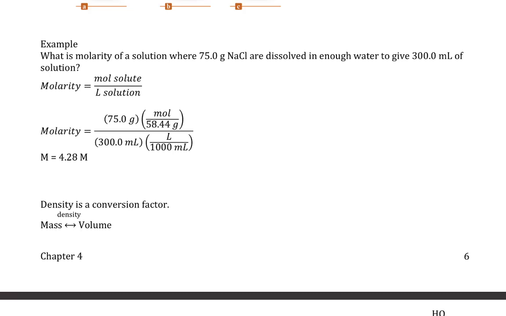Notice we wrote it in a way that the grams cancel out, leaving moles in the numerator. In the denominator, we put the liters of solution. So we take our 300.0 mL and convert to liters. Notice mL over mL, they cancel, and we're left with liters. Once we've done all that division, we get the molarity to be 4.28 molar.